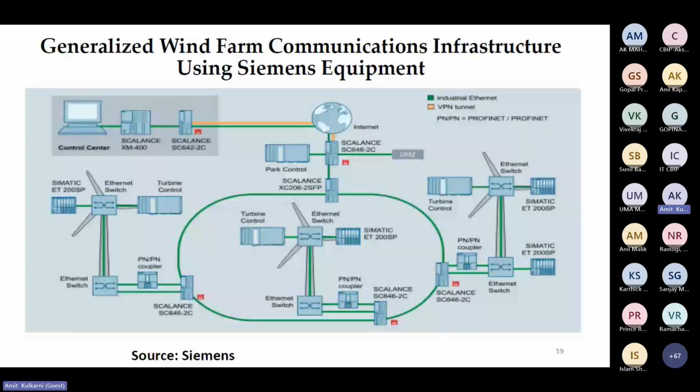Then you have a VPN network, industrial Ethernet, and all this is connected to the control center, local as well as remote, through the internet to their business offices, wind farm developers or wind turbine manufacturers, and different agencies involved in maintenance or supply chain management related suppliers.